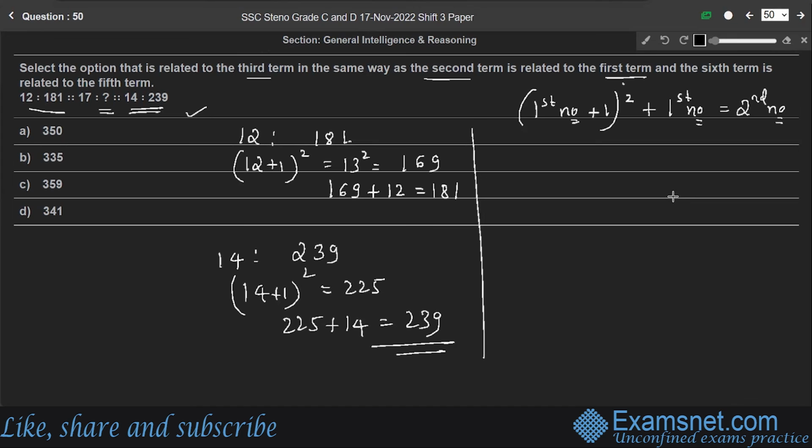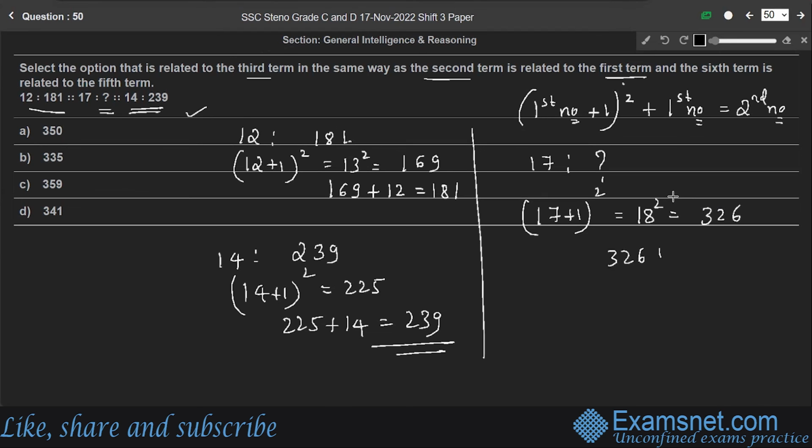Therefore, to get the fourth term related to 17, which number? 17 plus 1 square, which is 18 square. What is the value of 18 square? 17 square is 289, 18 square is 324, right? Not 326.